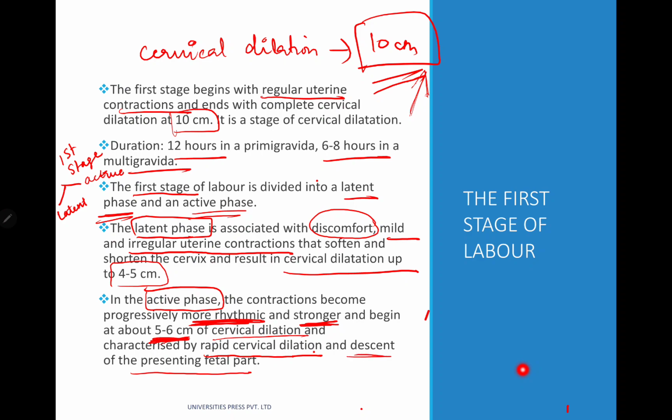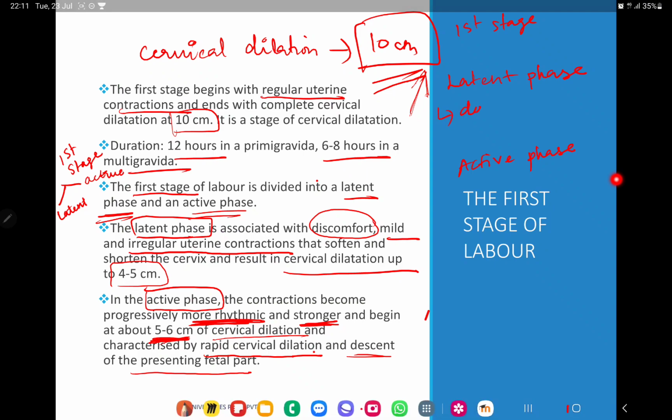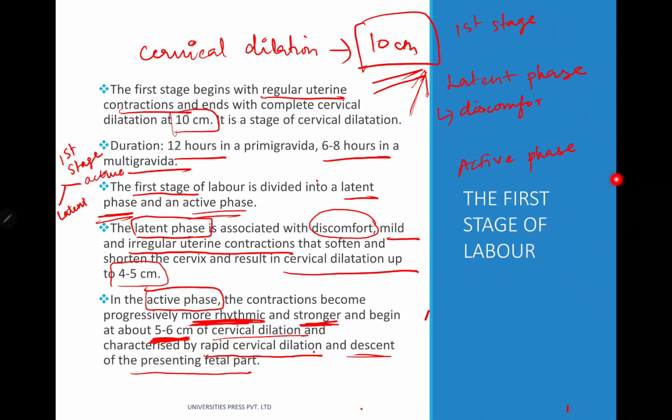So, very simple, guys, we are talking about the first stage of labor. The first stage of labor has a latent phase and an active phase. So what occurs in the latent phase? There is going to be discomfort and mild to irregular uterine contractions, and the cervix will be dilated to 4 to 5 centimeters.